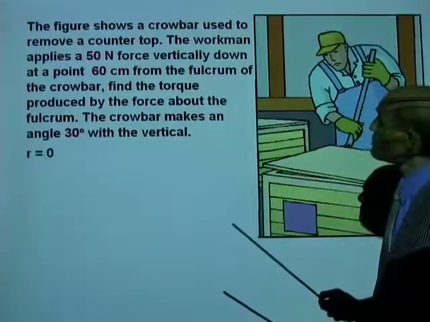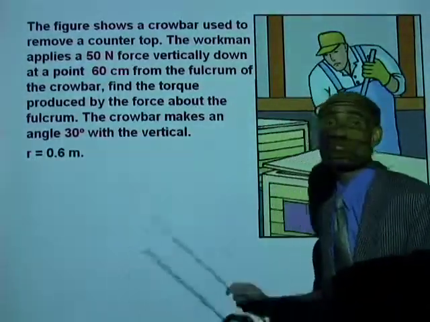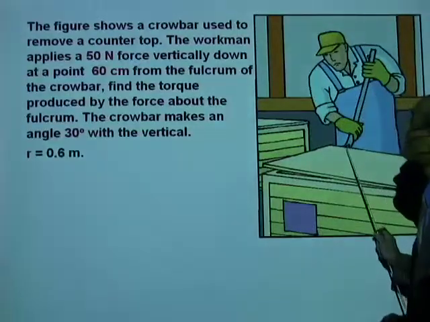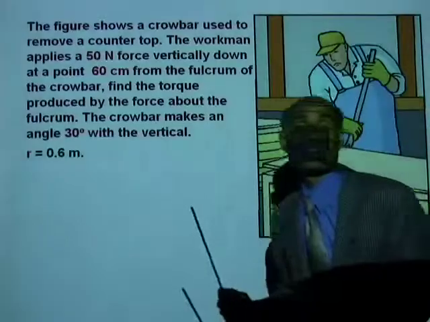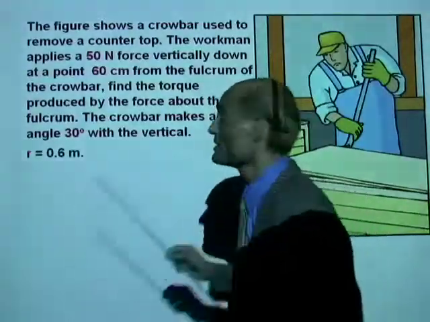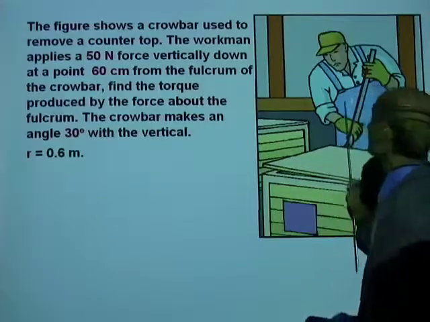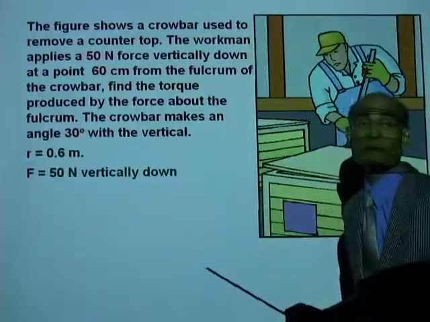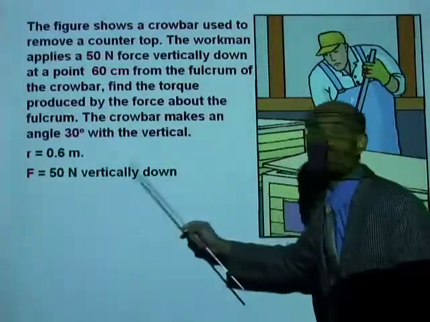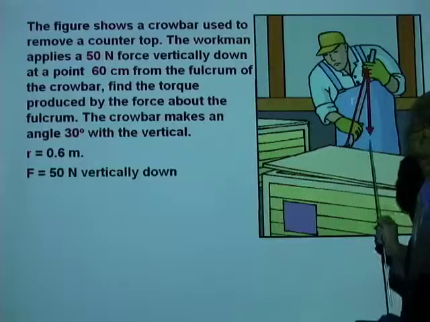Alright, let's understand this problem a little more. R equal to 0.6 meter. The length of the crowbar is the torque arm. So this is our R vector, and that is 0.6 meter. And F equal to 50 Newton is acting vertically down.